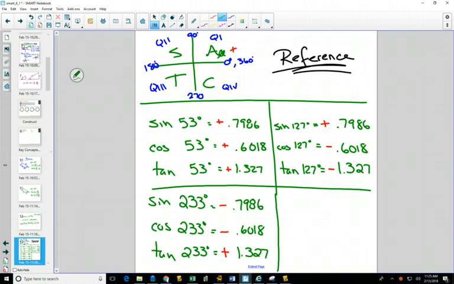So how did I think of that 233 degrees? Where did that number come from? And when I go to quadrant 4, what number am I going to put now in quadrant 4? 307. And sure enough, the values are going to be the same again. Which ones are positive, which ones are negative?